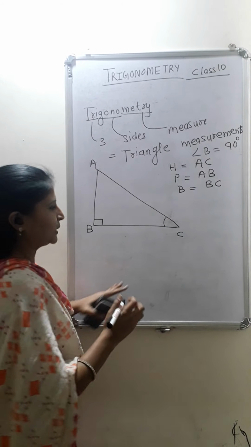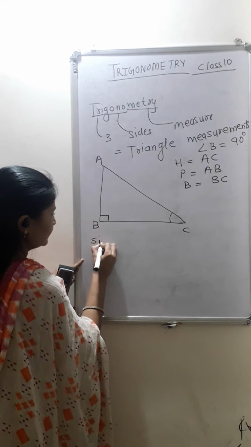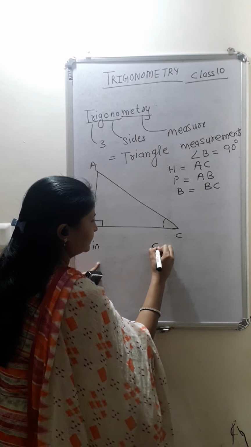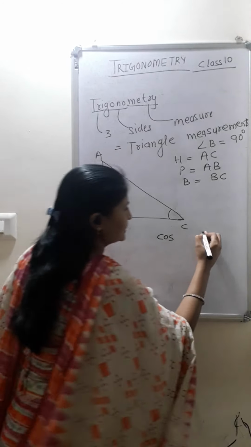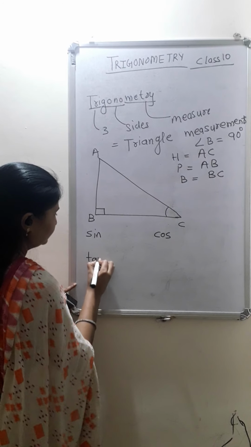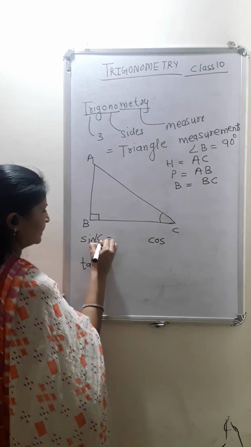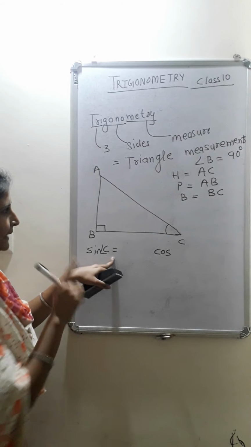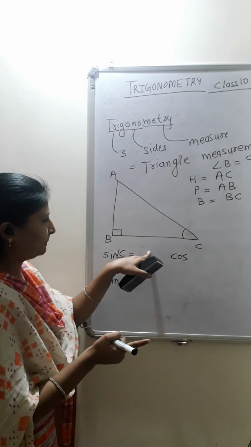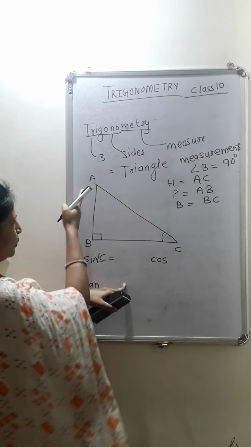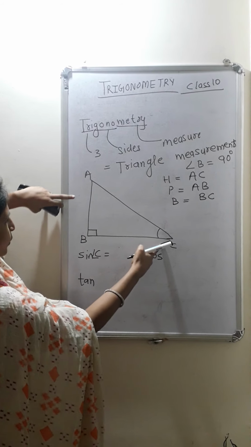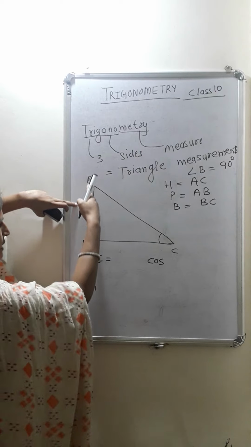Now we are going to consider these trigonometric ratios: sine, cos, tan. Now sine of angle C, how much would it be? It will always be equal to perpendicular upon hypotenuse. Now over here for angle C, perpendicular is the side opposite to angle C, which is AB.